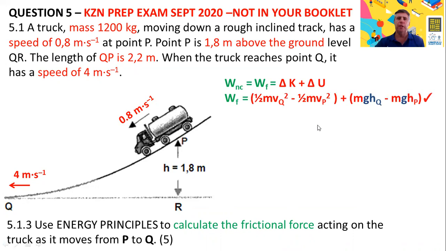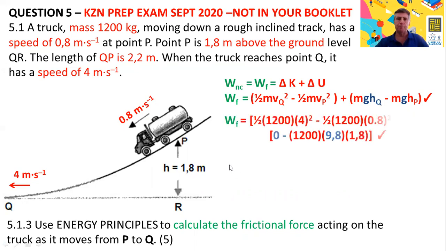So that's just the kinetic energy at Q, the end point, minus the kinetic energy at P, the beginning point, plus the potential energy at Q, which we know will be 0, minus the potential energy at P. Again, I've highlighted all the variables in red, which are given, and those in blue are the obvious ones like g, the acceleration of gravity, and hQ, which is 0. Sometimes the hardest thing in these questions is just to keep track of all your numbers.